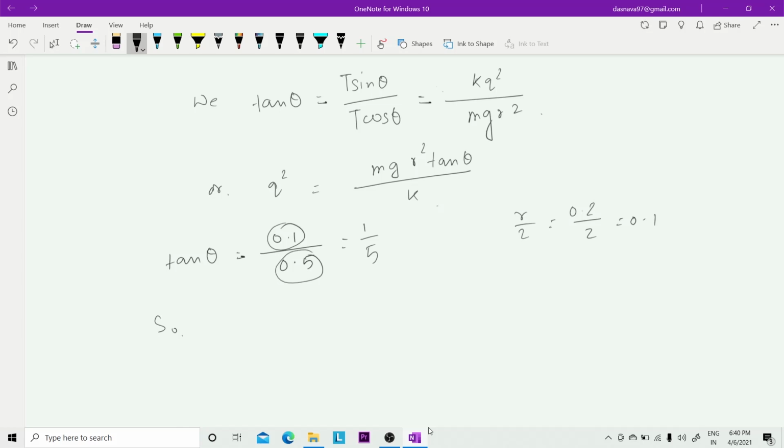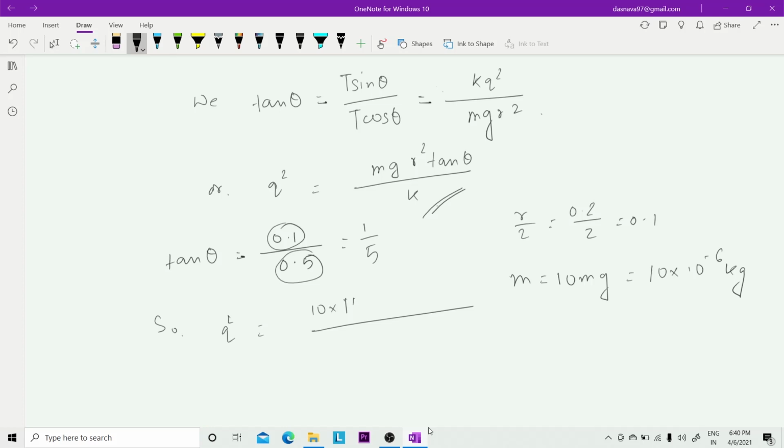So q square can be found by putting in the values. m is given in the question as 10 mg, we have to convert it to kg, so 10 into 10 to the power minus 6 kg.